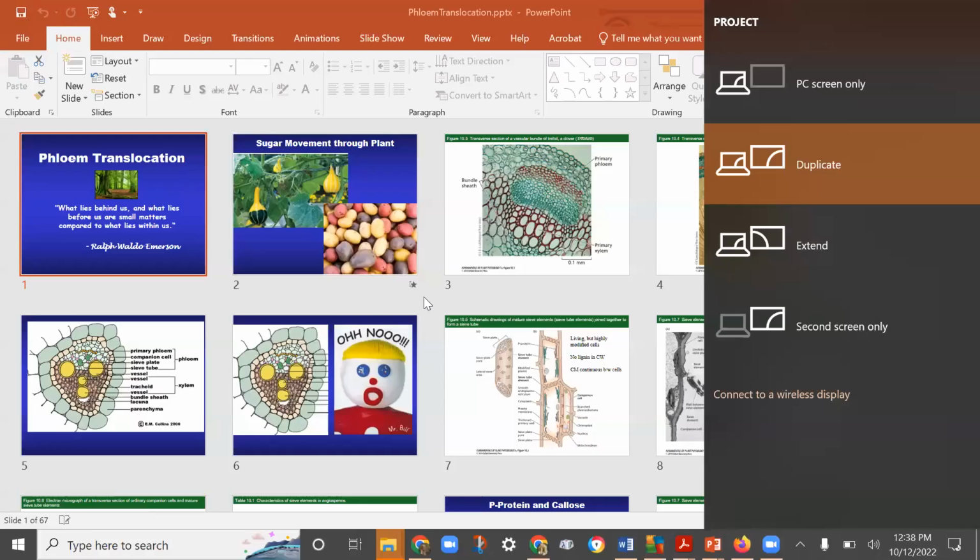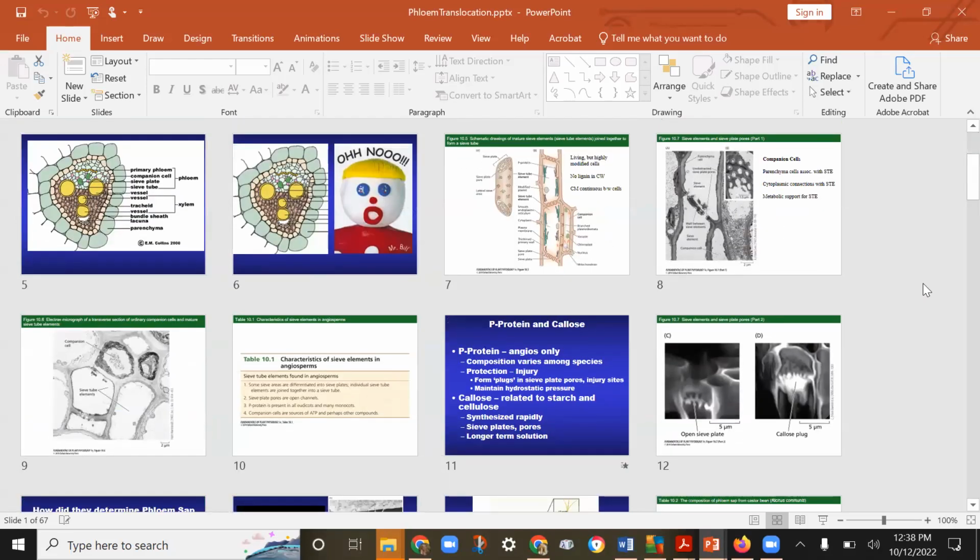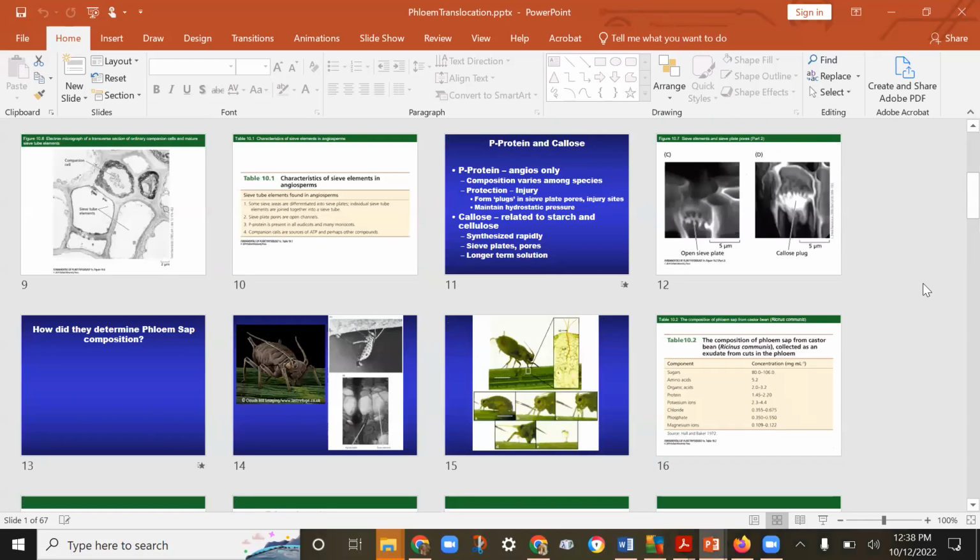Okay, so this is the phloem translocation slide set. So questions on this material?